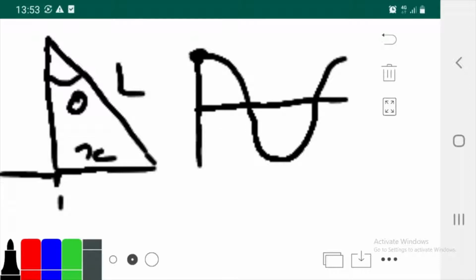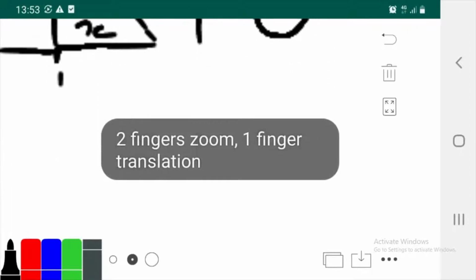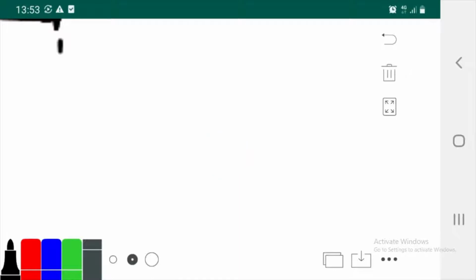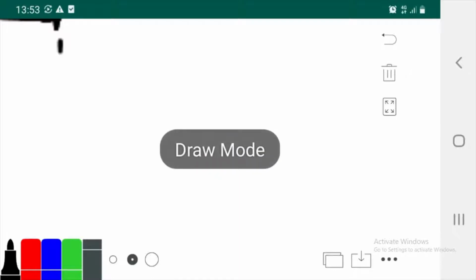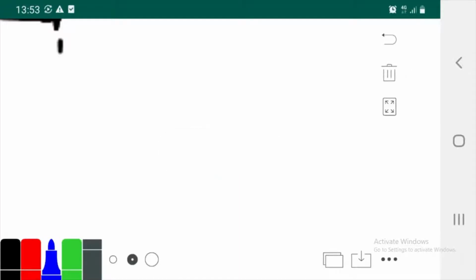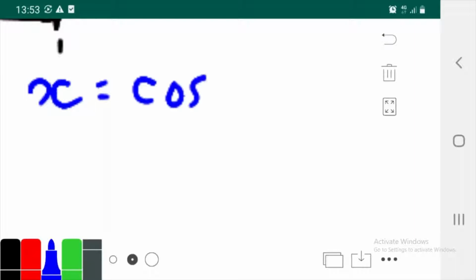From your maths lessons you should see that maps out a cosine function, and that's exactly what we're going to call it. So from that I can write that the position X is equal to cosine omega t.